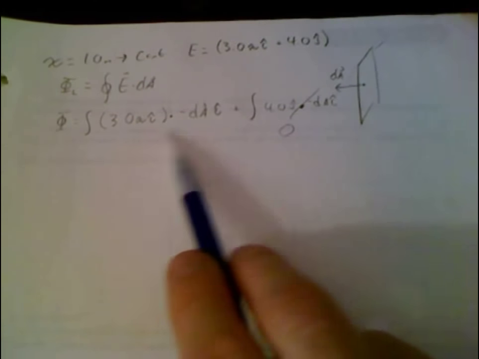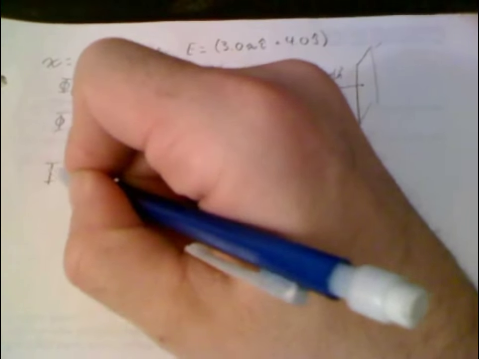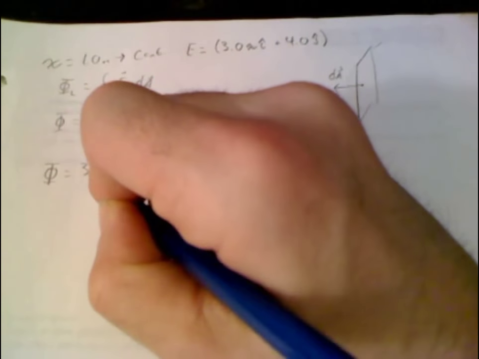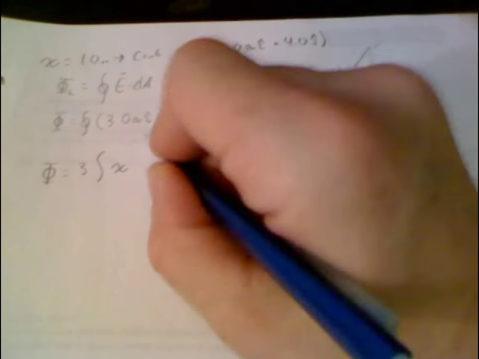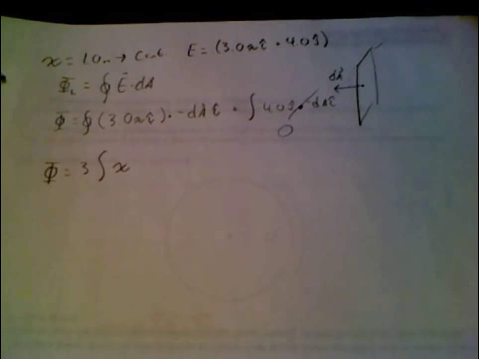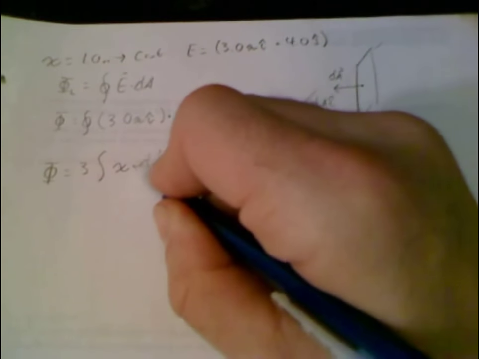Now this is going to be the same thing. It's almost the same as what we just saw, except now that negative sign is going to play an important role. So again, I'm going to pull out my 3. The flux is equal to 3 times x i dot i. The unit vector i dot i is going to be 1, so that comes out to be just x dot dA.